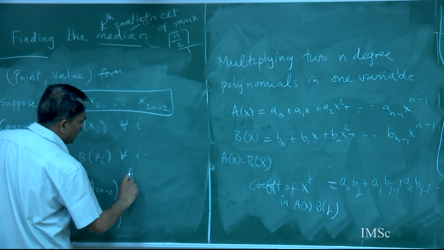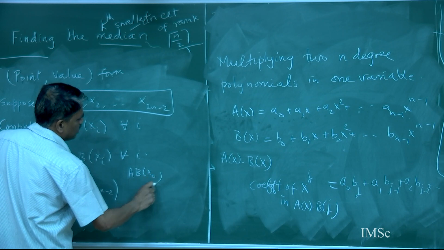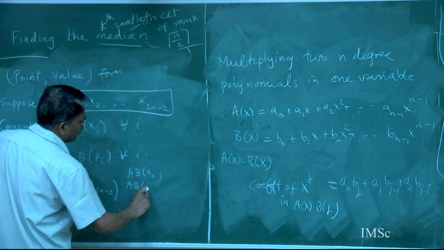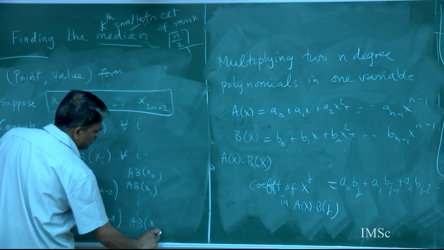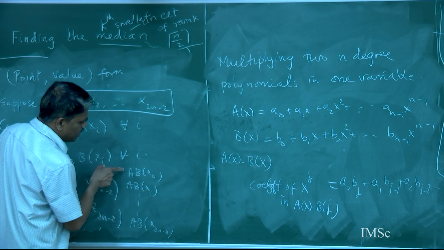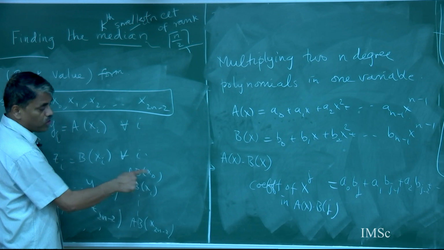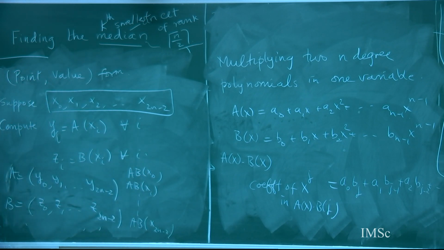I care about AB of x0, the product polynomial on x1, and AB of x2n minus 2. I really want the product polynomial on x0. Can I find it easily? y0 into z0, right? It's a of x0 into b of x0. So just pointwise multiply them. In linear time, I can compute the polynomial product, right?